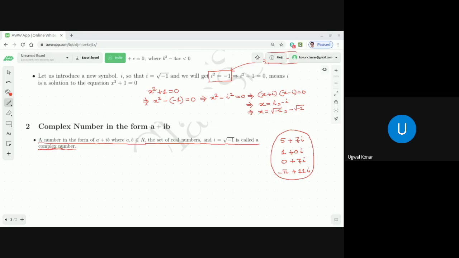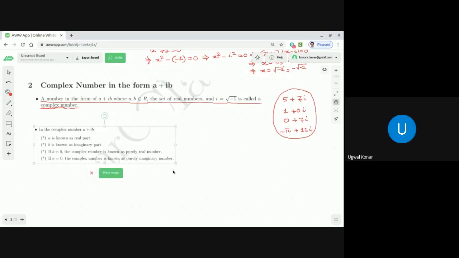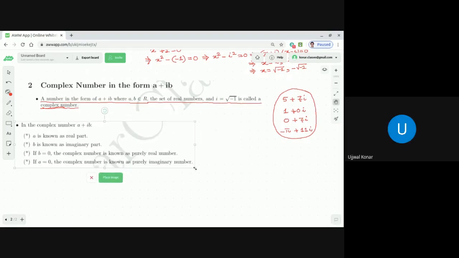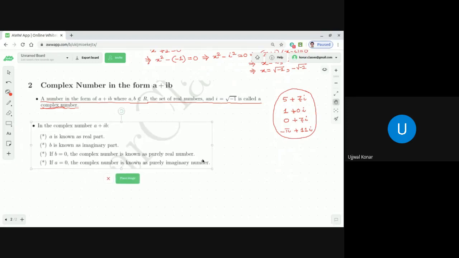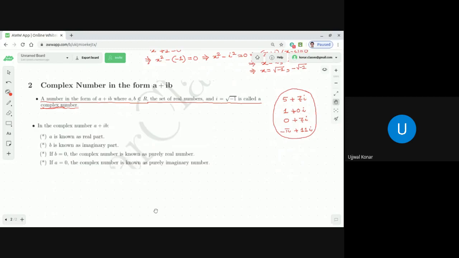Now, the point is that in the complex number a plus ib, a is known as the real part. Let me first put that note in front of you, then let me explain. This is very important, dear students. In the complex number a plus ib, a is known as the real part, b is known as the imaginary part.